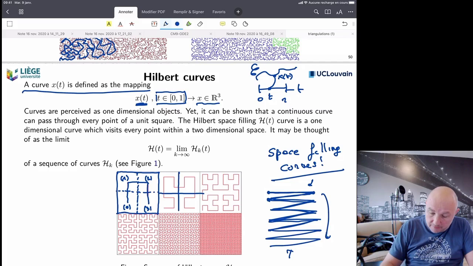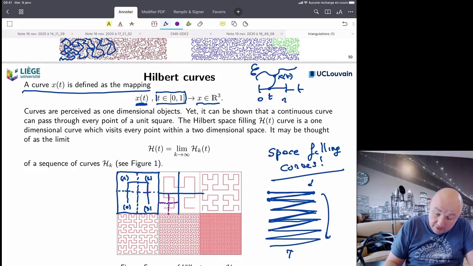But if you look here, every quadrant, and I change the color, every quadrant here again is split in 4, but we do rotations of the initial pattern.